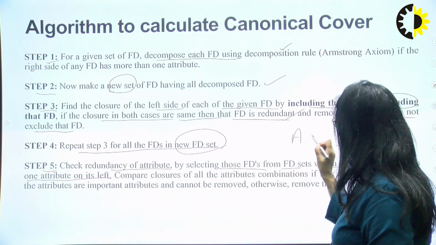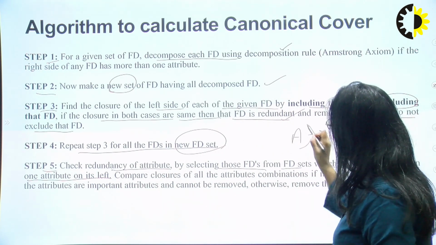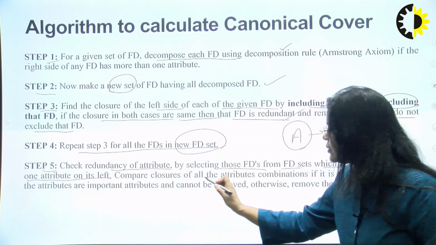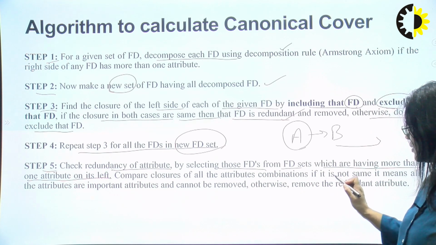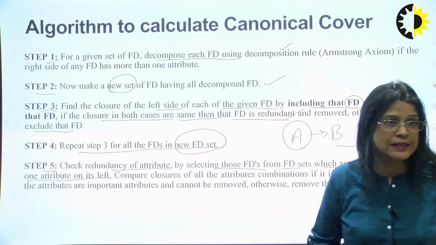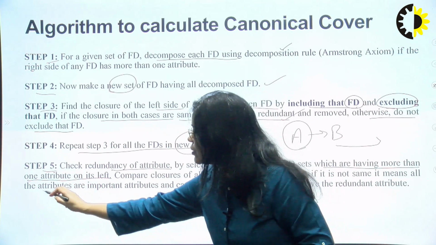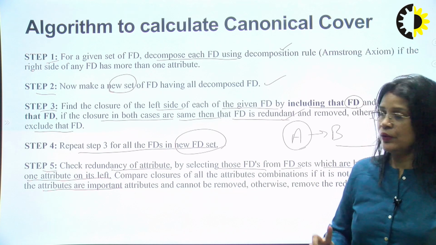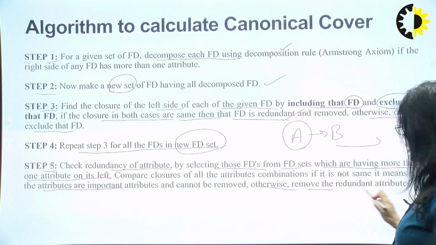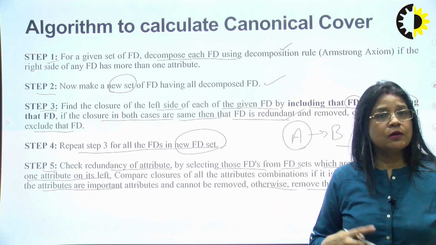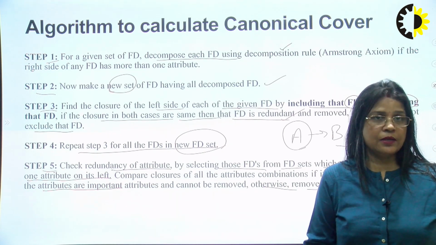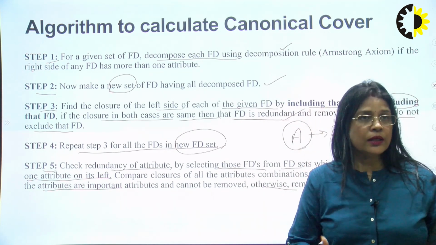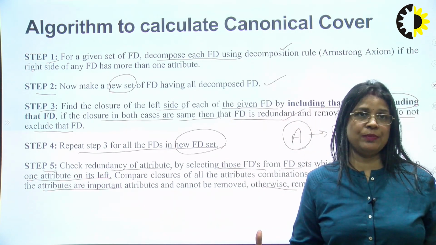So we need to check redundancy at the left side. For this, we compare the closure of all the attribute combinations. If it is not the same, that attribute or set of attributes is important and cannot be removed. Otherwise, we remove it because that attribute is redundant. This way we can find the canonical cover for any given set of functional dependencies.